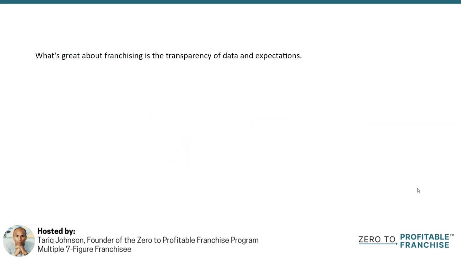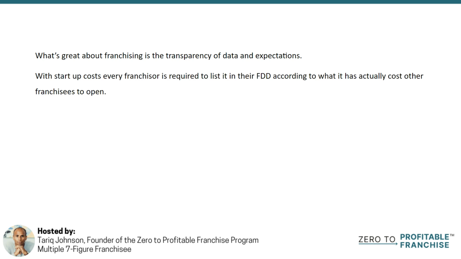So what's great about franchising is the transparency of data and expectations via their FDD, franchise disclosure document. With startup cost, every franchisor is required to list it in their FDD, which again, we talked about this, the franchise disclosure document, according to what it has actually cost other franchisees to get open.